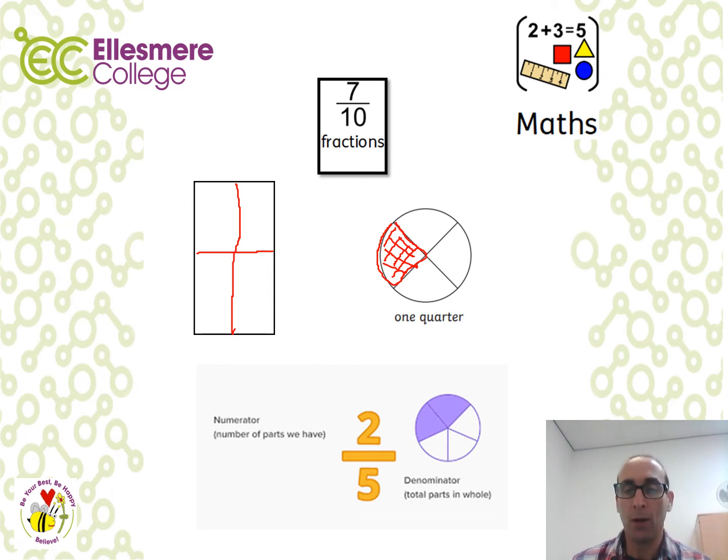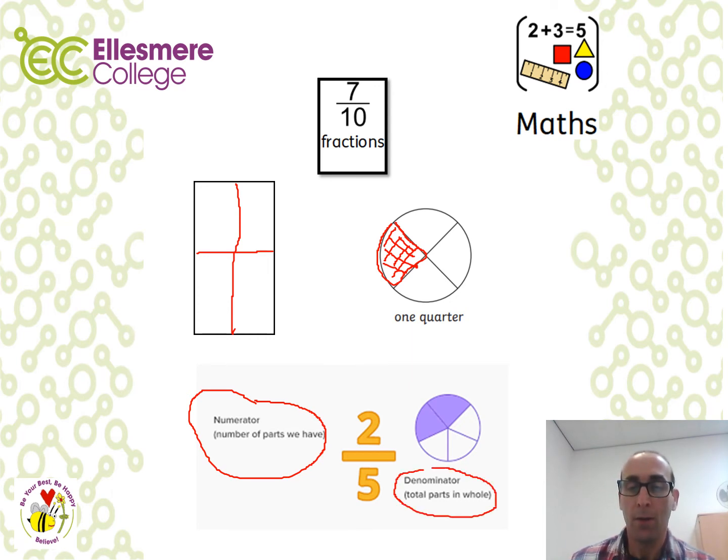And finally, we will be looking at fractions. So in this example, we must remember that we have a numerator, which is the top number, which is the number of parts that we have, and then we have the denominator, which is the total parts of the whole.